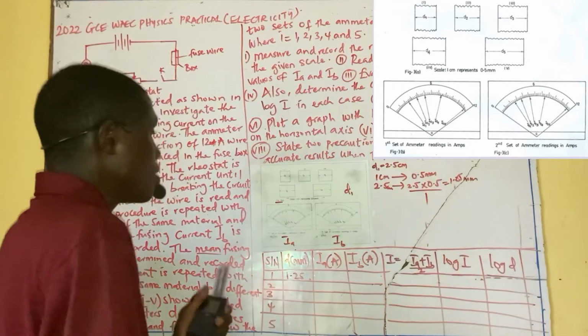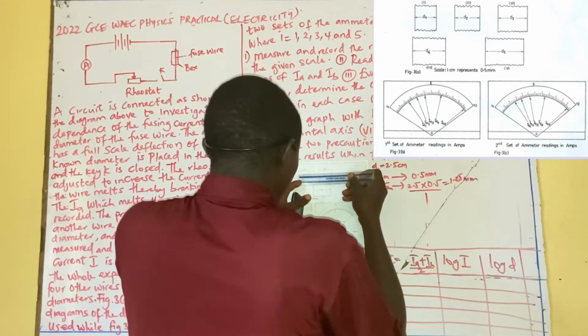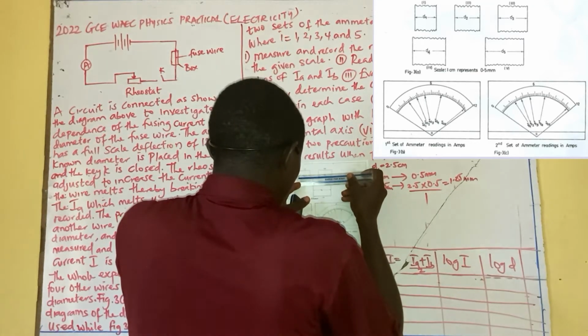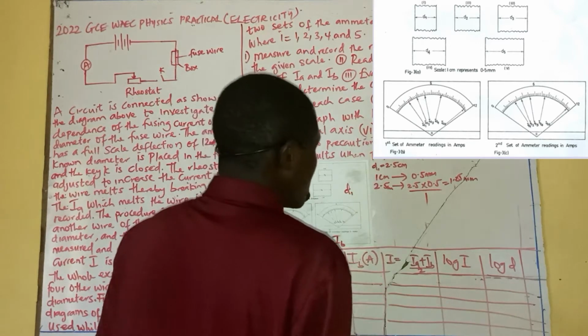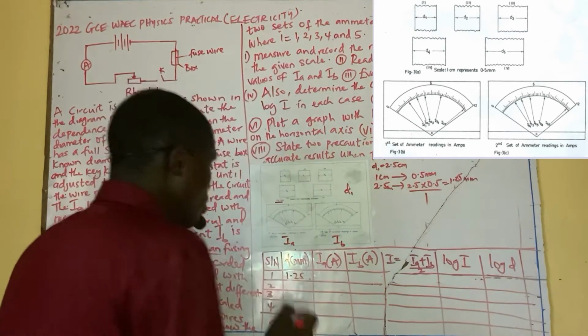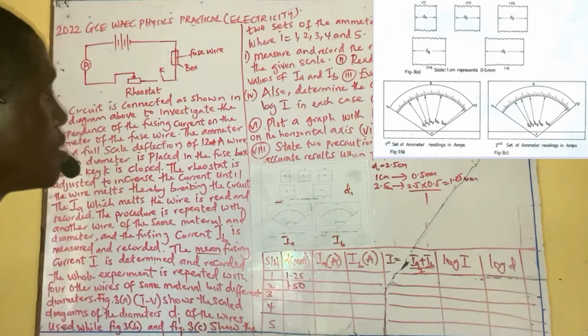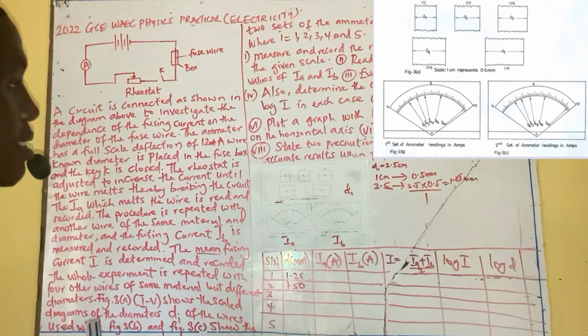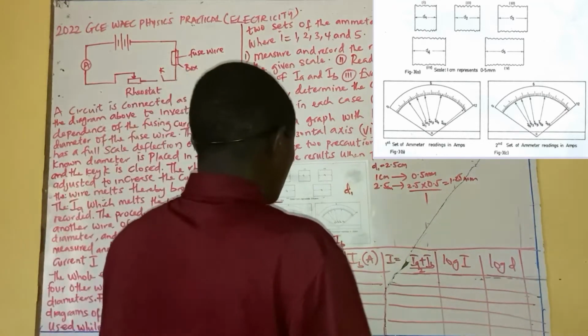Measure the second one. What's the length of the second one in centimeter? This is 3 centimeter. So 3 centimeter times 0.5 gives 1.50.